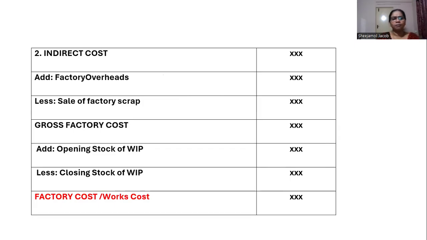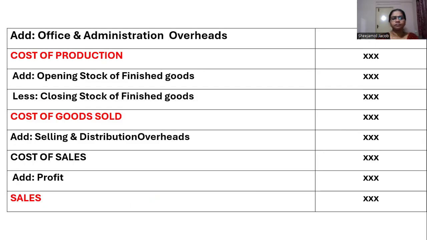Less sale of scrap, and you get gross factory cost. After that, if there is any work in progress adjustment, you have to add the opening work in progress in this factory overheads, and deduct the closing work in progress. You get factory cost or works cost.